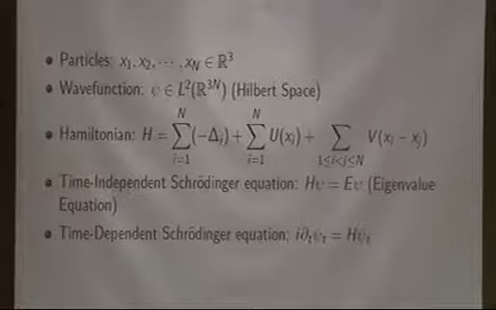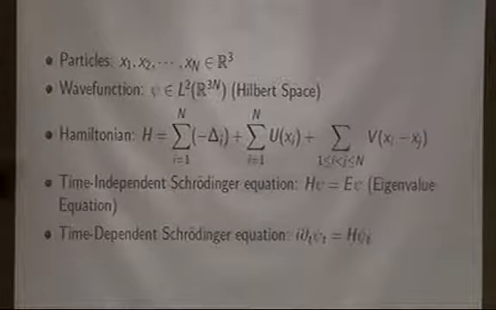We also want to consider a Hamiltonian H, which in general looks like this. Quantum mechanics describes the properties or characteristics of this wave function psi by using this Hamiltonian. There are two different ways of using it.